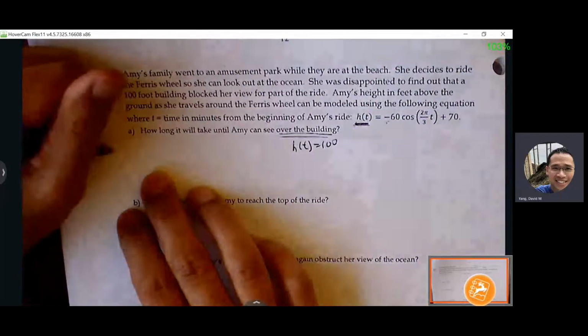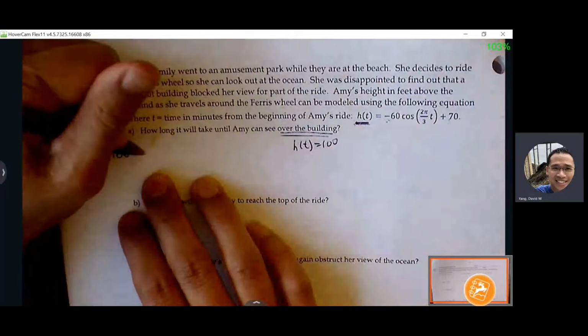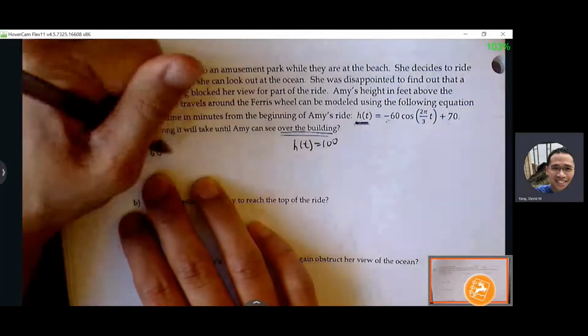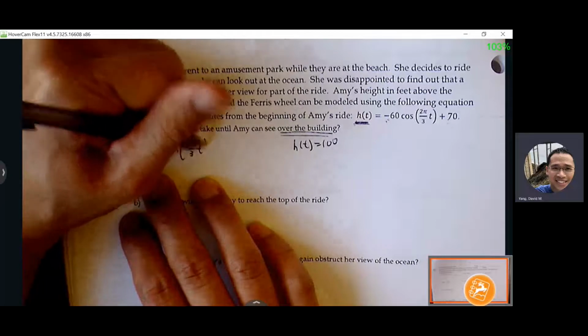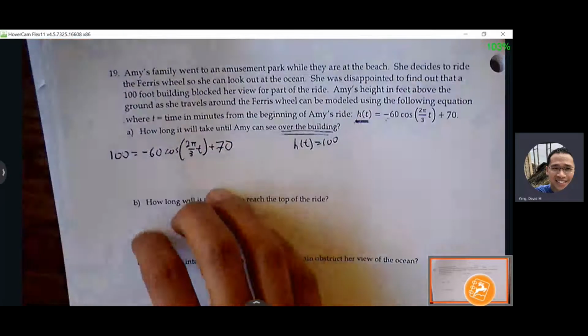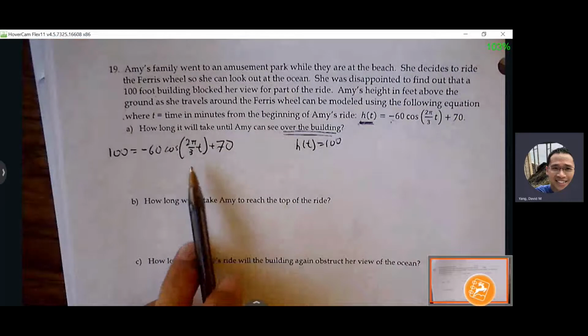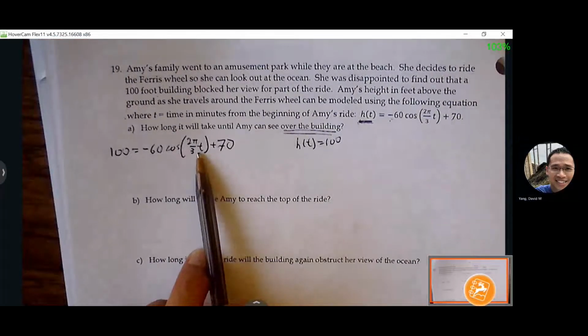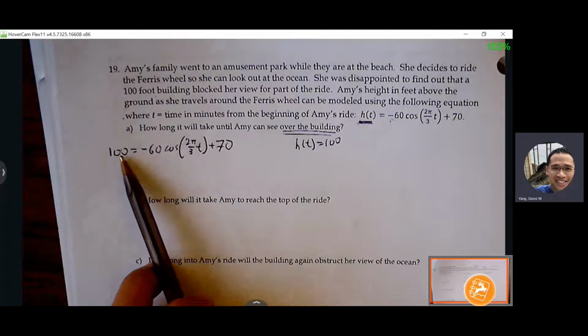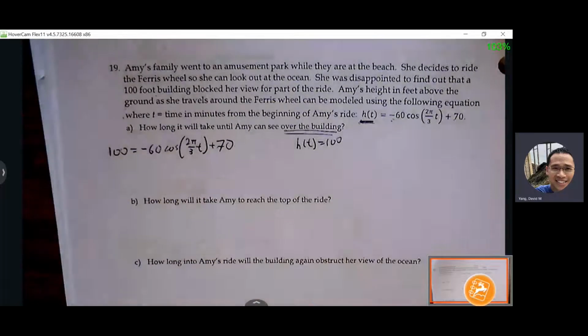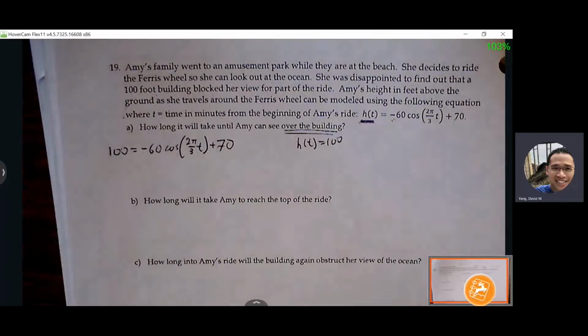100 equals... We want to find out how long it will take for Amy to be 100 feet above ground, because that's exactly how high she wants to be, so that she can have at least a bit of time when the Ferris wheel is above 100 feet, where she can actually have a view of the beach.